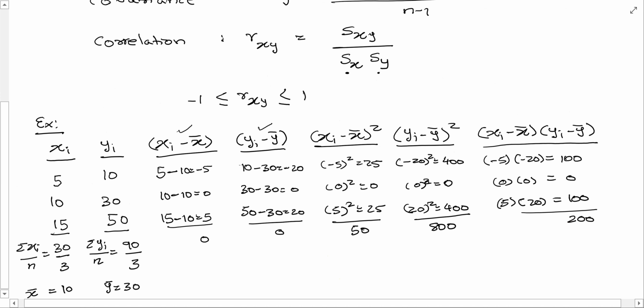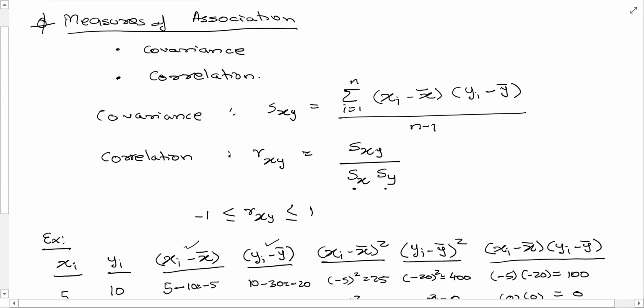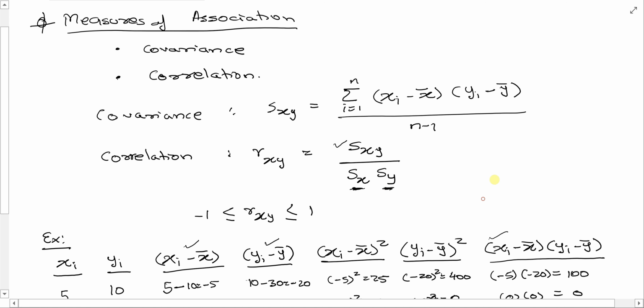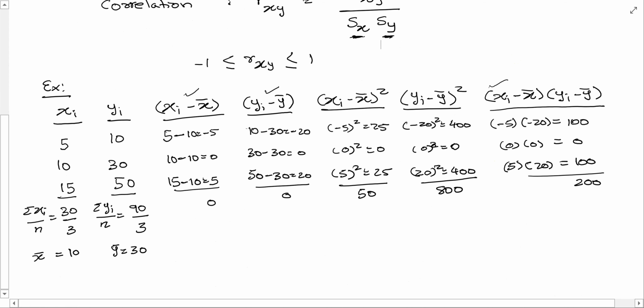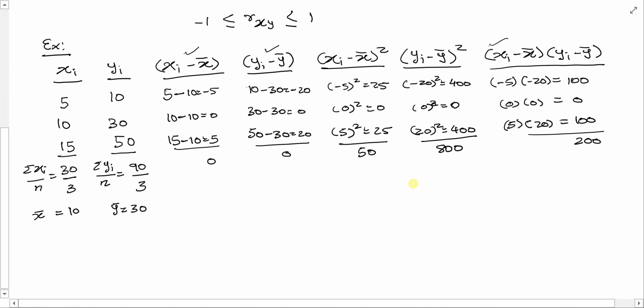Now notice to figure out correlation, we first need to figure out the covariance, right? We have all the ingredients necessary to figure out the covariance. You need xi minus x bar multiplied by yi minus y bar. We have that. And then we need the standard deviation of x and standard deviation of y. And we already have the variance of x and variance of y ingredients.